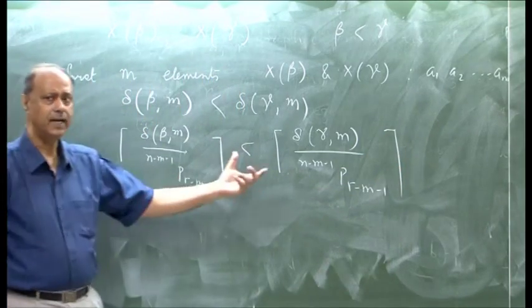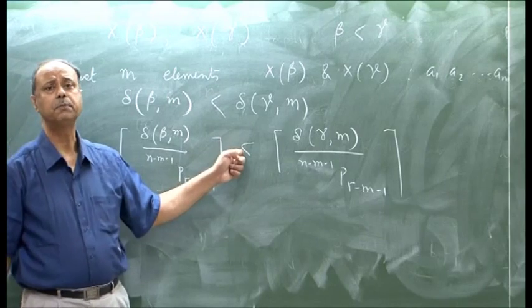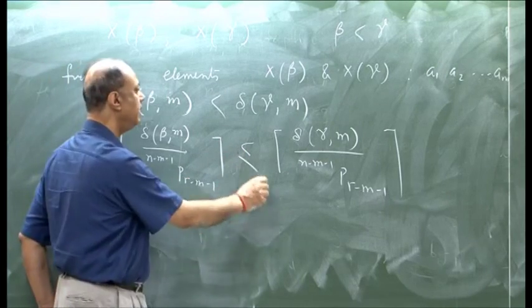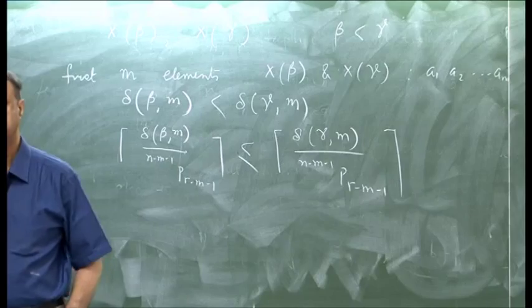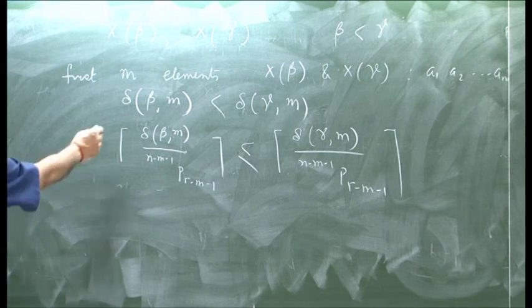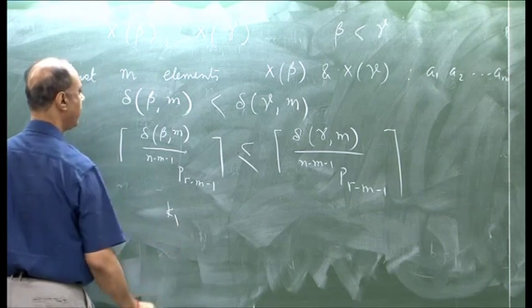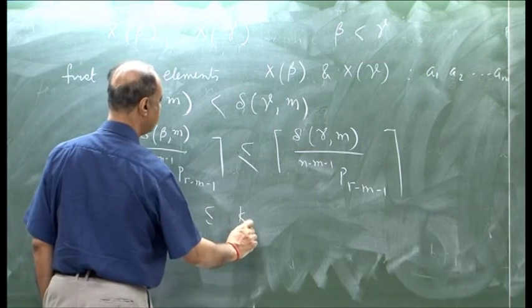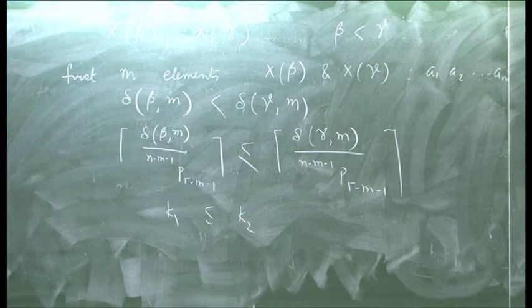So once I divide, it may not obey this less-than property. It may be less than or equal, because this is a group number. So there may be several permutations belonging to the same group. Let us assume that the group number of this division gives you K1. So K1 is less than K2.